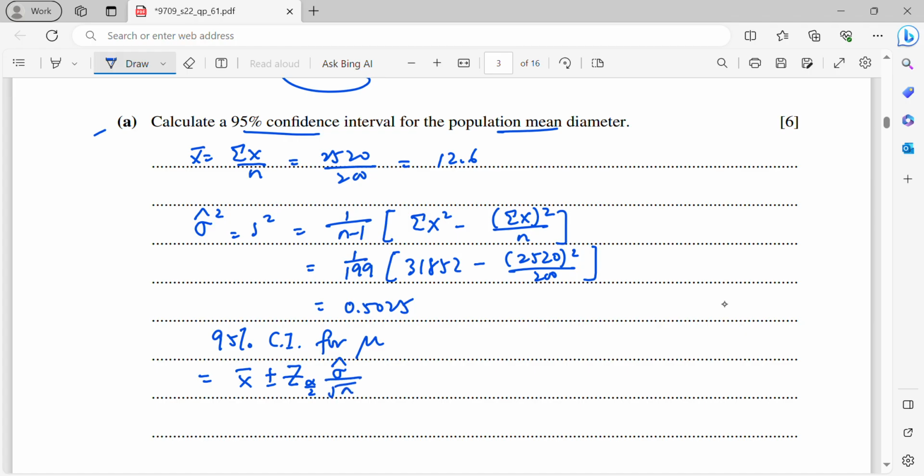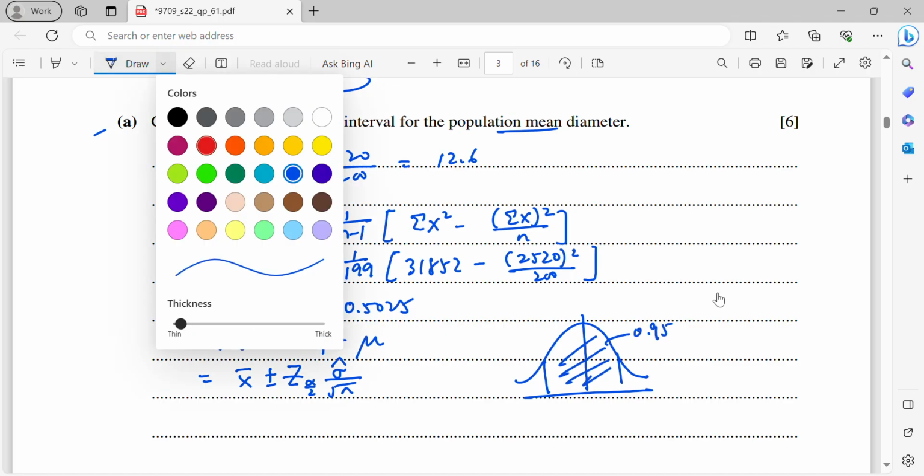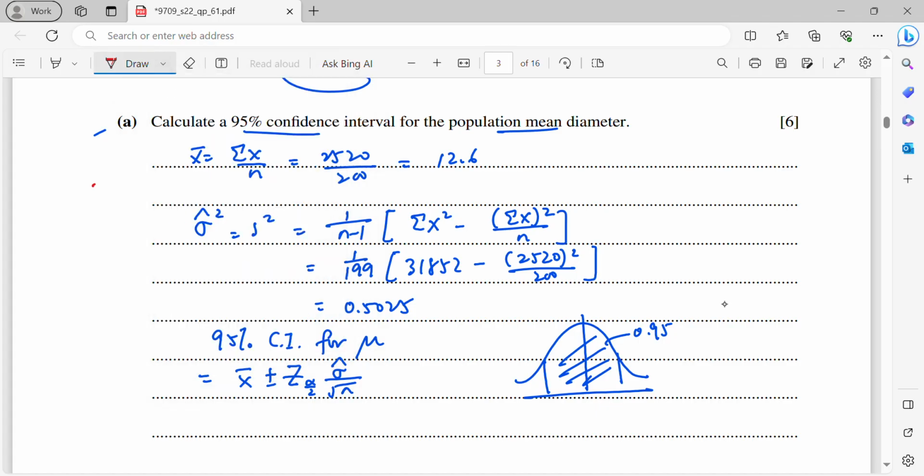So now to get the z value, we have to draw the graph. 95% confidence interval means in the middle it is 0.95. Now we know that total probability is 1. So here is going to be 0.05 because 1 minus 0.95 is 0.05, but it has two parts. So shared by two parts means each part is divided by 2. So I will get 0.025.